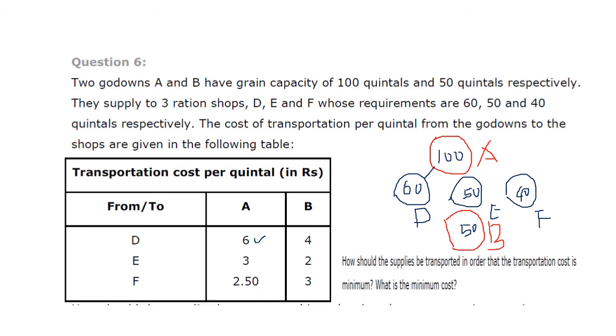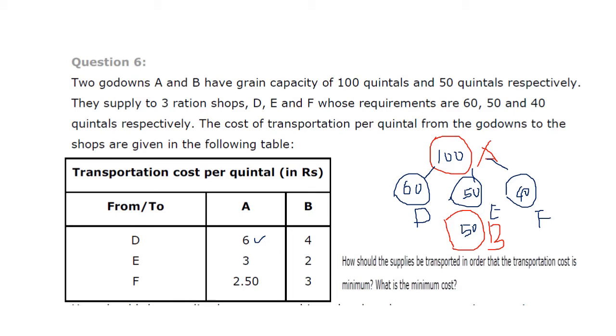in this table. A to E 3 rupees, A to F 2.5 rupees, like that. Cost per unit is given, and what you have to find out is how the supplies should be transported in order that the transportation cost is minimum.